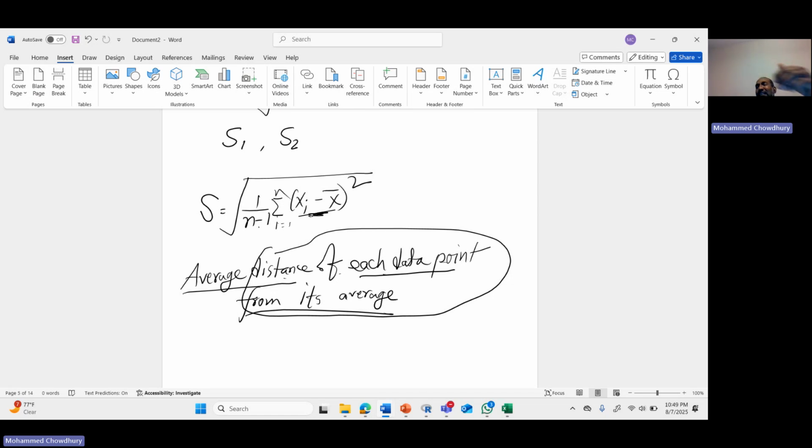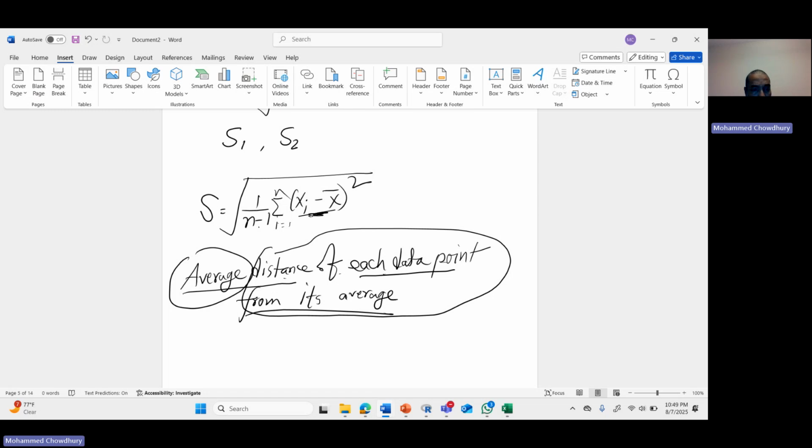That is another story, called the degrees of freedom, as well as the number of independent observations. But this is the definition: average distance of each data point from its average. This is an average because I'm finding the distance and dividing it by n minus 1, whatever quantity I'm getting there, and then squaring it.